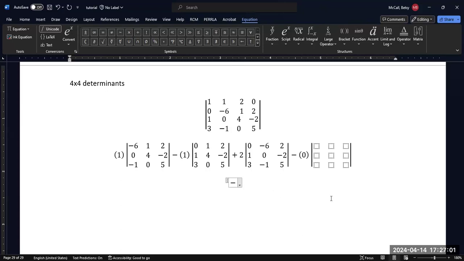So that's going to give me -6 times my 2x2, get rid of this one and this one. That's going to give me 4, -2, 0, 5. And then this was a positive entry position-wise.